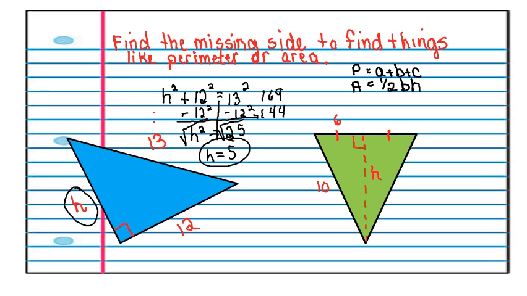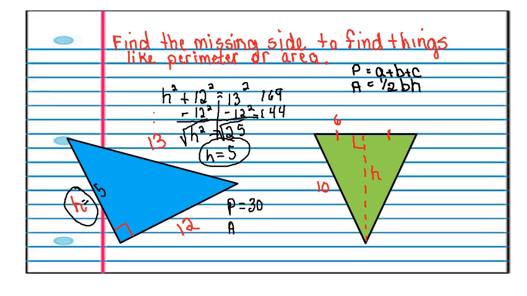That's great. We found a side. But what we have to remember is that it wasn't just finding a leg here or a hypotenuse. It was that we needed to find the area, or maybe the perimeter. So in this case, the perimeter would be the 5 plus the 12 plus the 13, or 30.